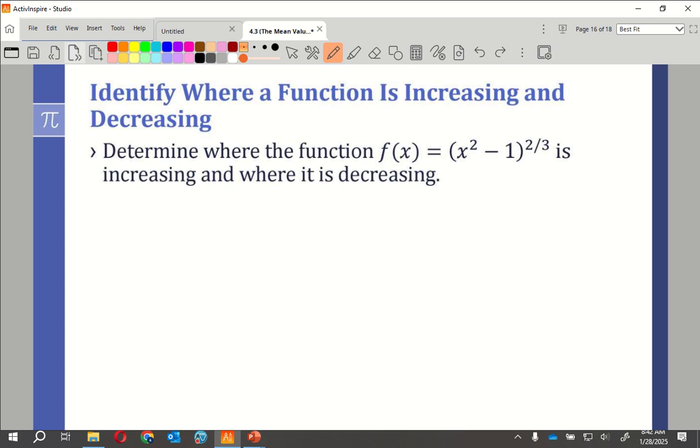So first thing, I would like for you guys to try this using the same steps.